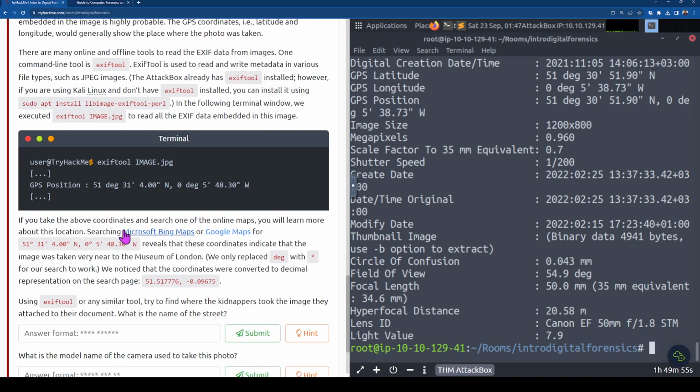If you take the above coordinates and search one of the online maps, you will learn more about this location. So we could search Bing Maps and we'll do the GPS position, which is this one right here.